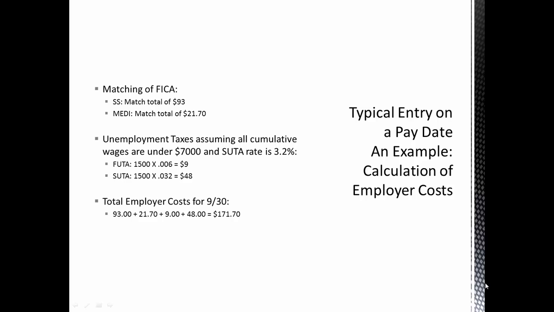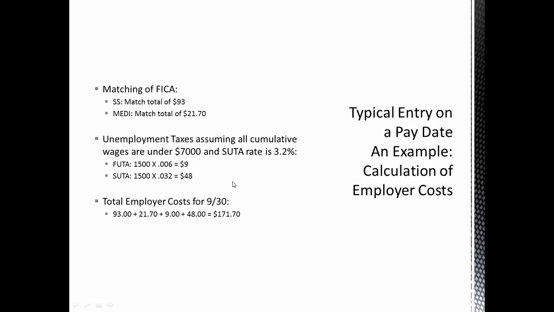So the whole gross wages are taxable because both employees are under the limit. The whole $1,500 of wages is taxable wages for FUTA times 0.006 is $9. And for SUTA, the whole amount, $1,500 times 0.032 is $48.